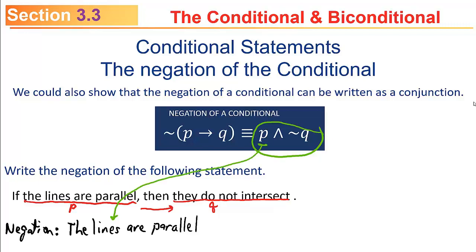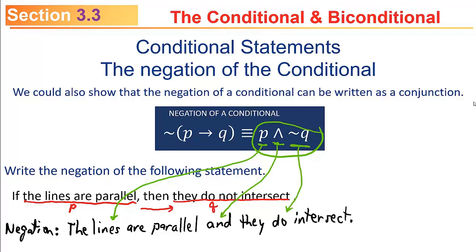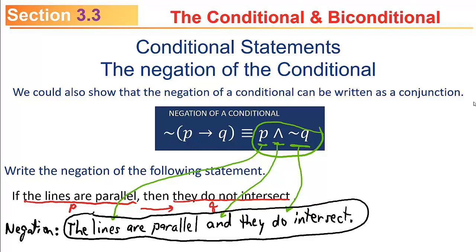The P is the lines are parallel. The conjunction is the and. Not Q would be, if Q is they do not intersect, then not Q would be they do intersect. So the negation of the original statement, if the lines are parallel, then they do not intersect, is the lines are parallel and they do intersect. And that's an example of the second of the special formulas that we are introducing right now.